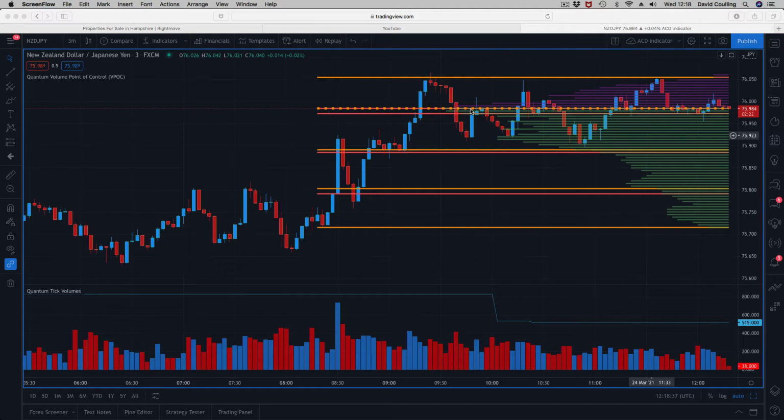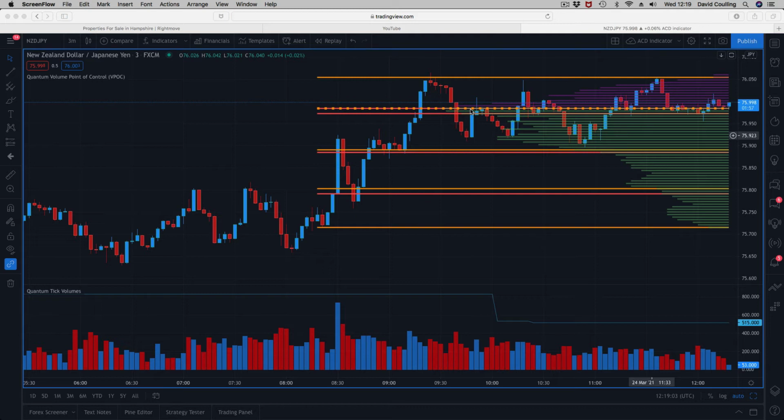And the reason I've chosen this particular chart is because the price action is oscillating around that particular point right now. It's what we call the fulcrum of the market. It is where price, if you like, is in agreement. In other words, there is no strong bias to either the bear side or the bull side.